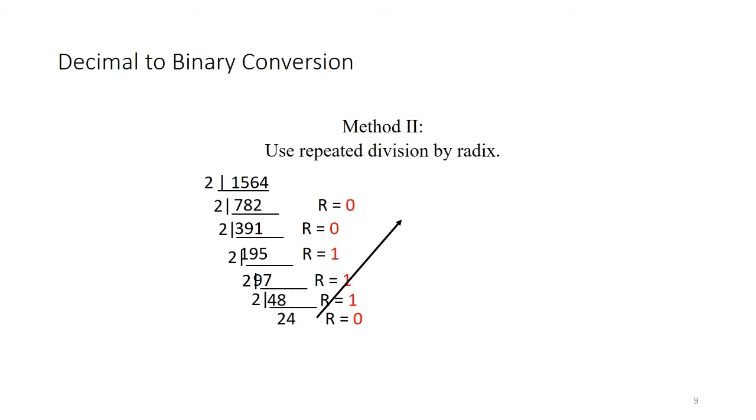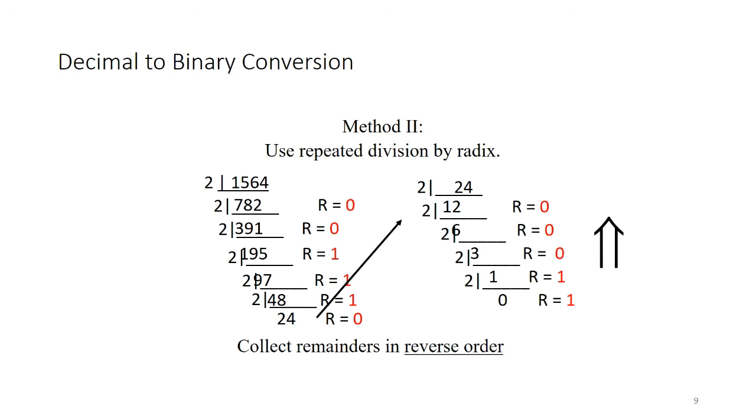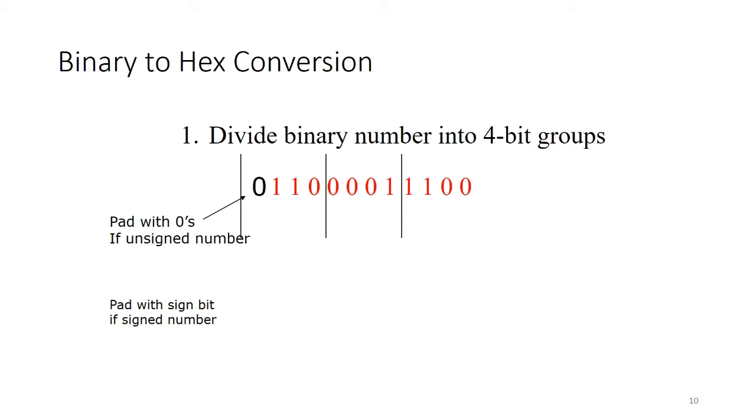Both the methods are correct, and it's up to you whether you use the previous one or this one. After we are done with the division, we have to collect the remainders in reverse order, like this, okay?